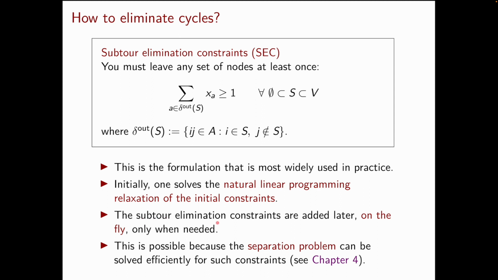Then the Subtour elimination constraints are added only later, on the fly, when needed. As we will see in chapter 4, this is possible because the separation problem for Subtour elimination constraints can be solved efficiently.